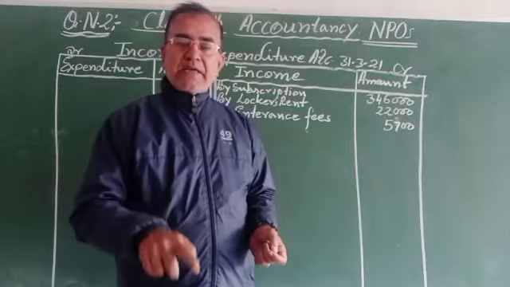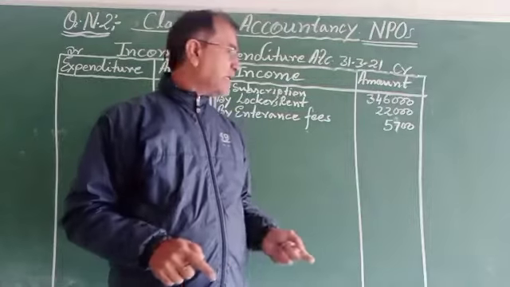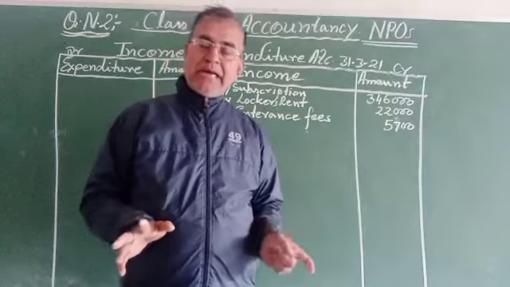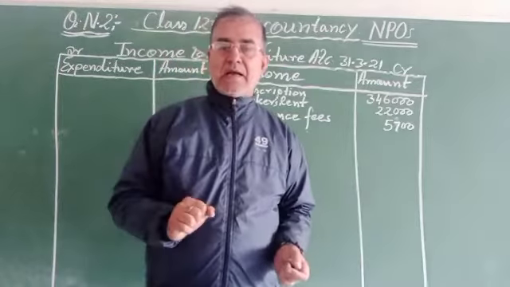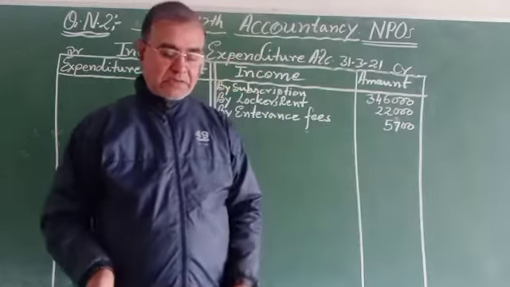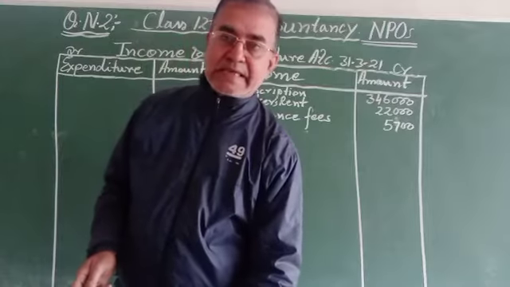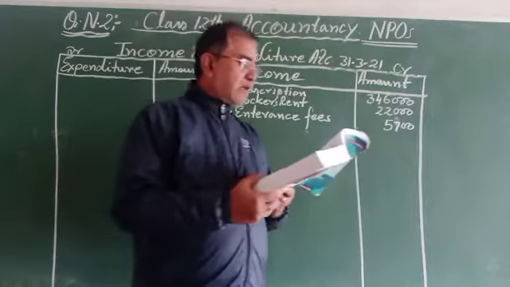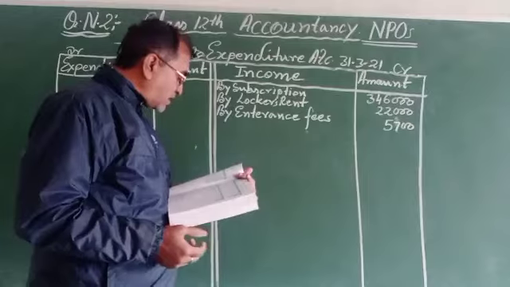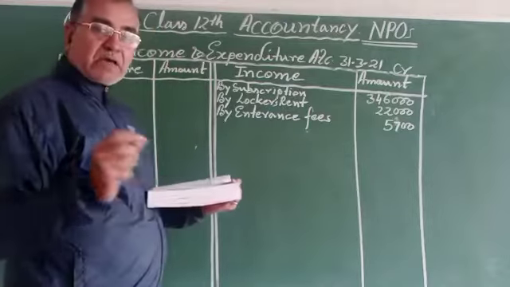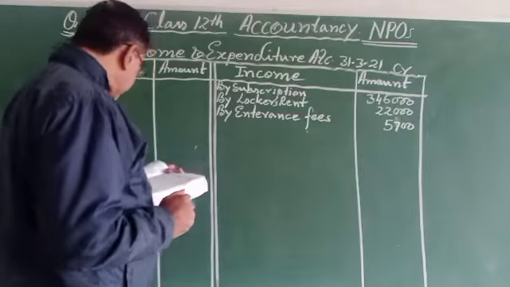That's why this is the specific donation, and it is part of the balance sheet and shown in the liabilities column of NPOs. That's why it will not be considered for the income and expenditure account.